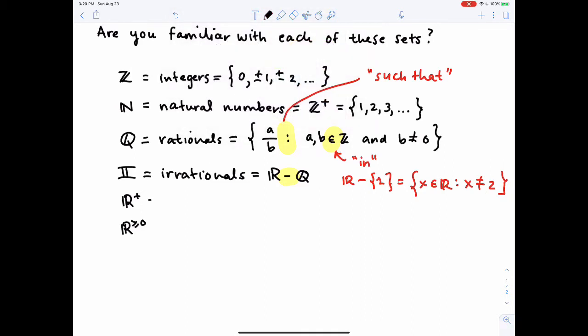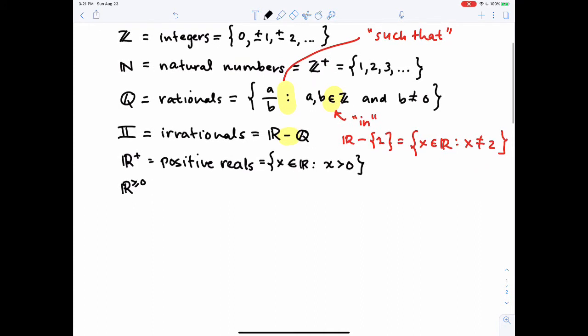If you see R plus, this is the positive reals. And this is just the set of all x in R such that x is bigger than 0. And the positive reals are not to be confused with the non-negative reals, which is this last symbol.